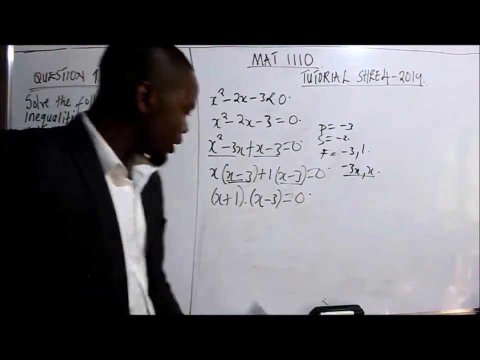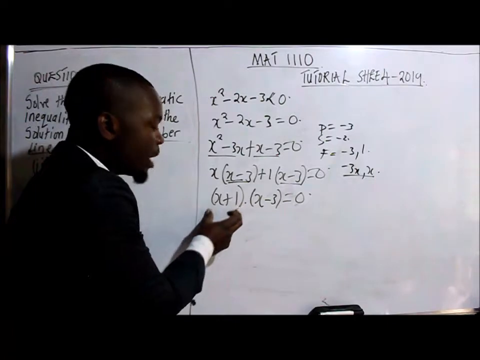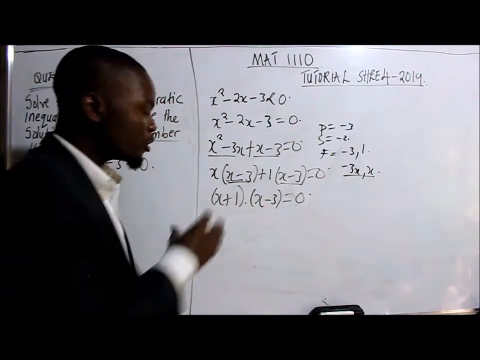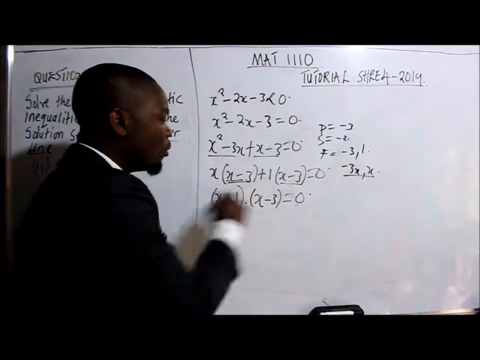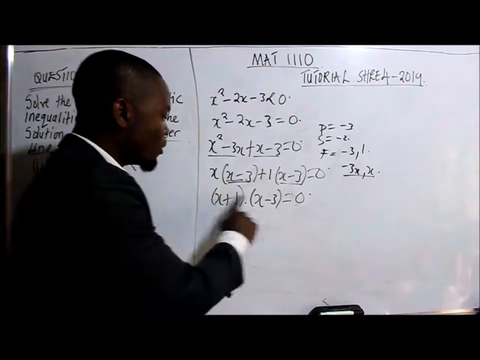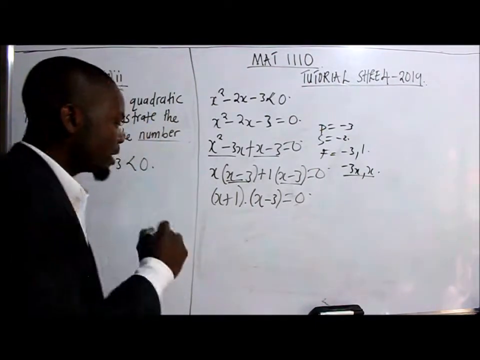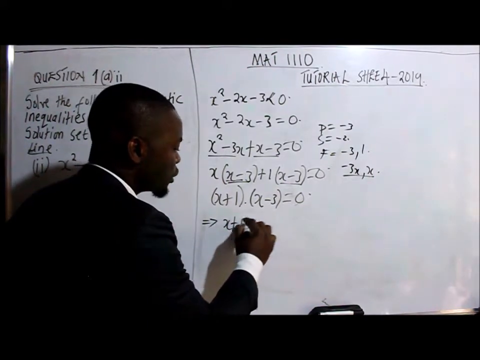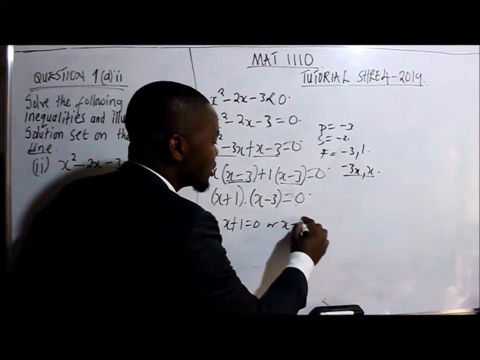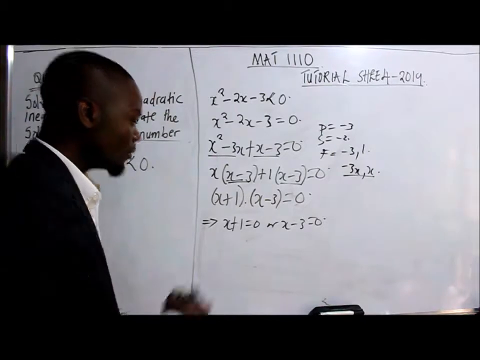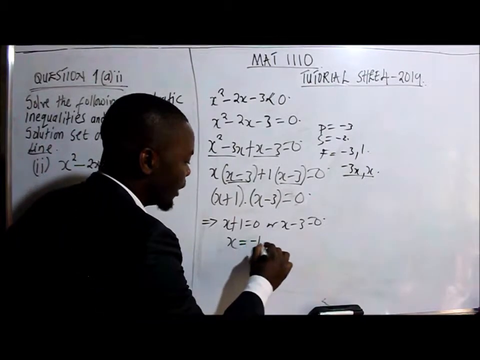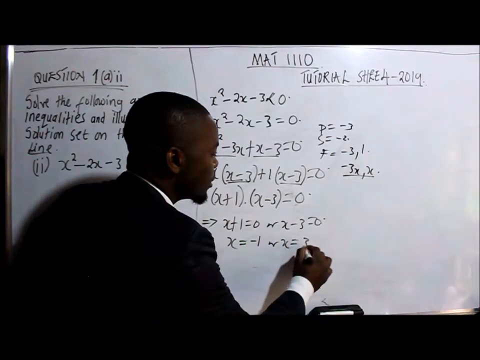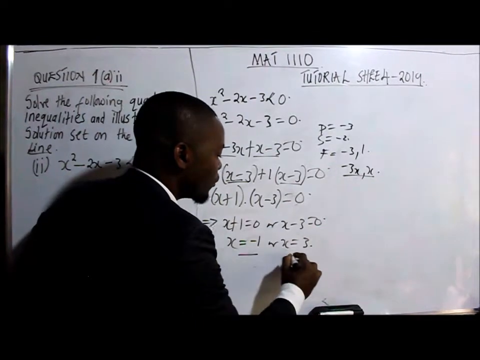Since this factor times this factor is equal to 0, one of them is 0. So either x plus 1 is equal to 0 or x minus 3 is equal to 0. So x is equal to negative 1 or x is equal to 3. So we have got the values of x.